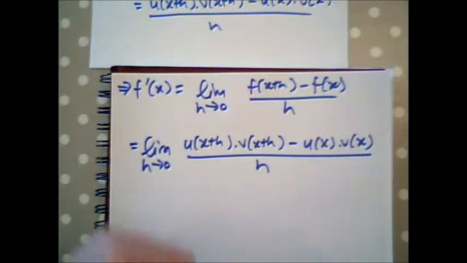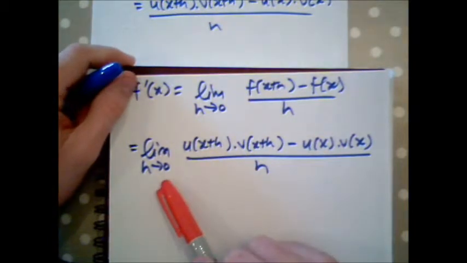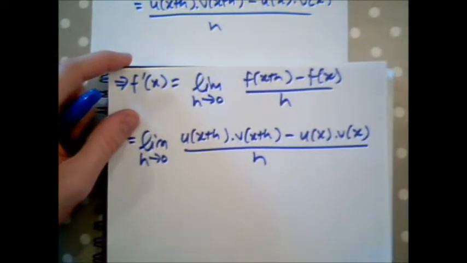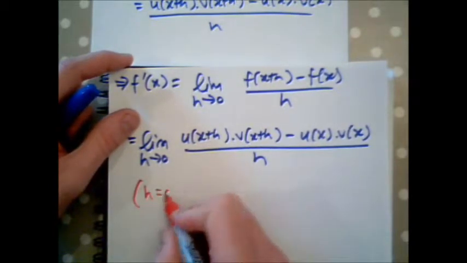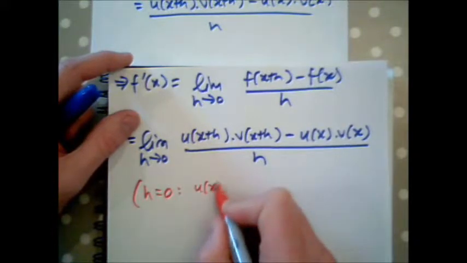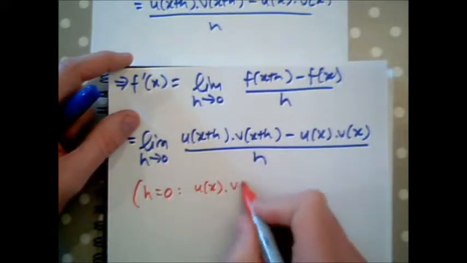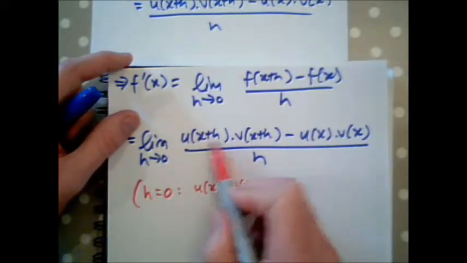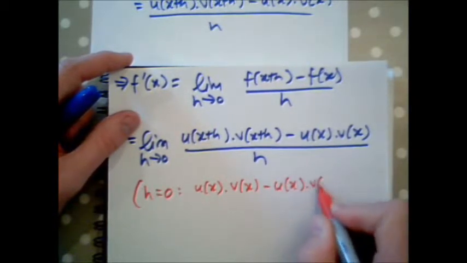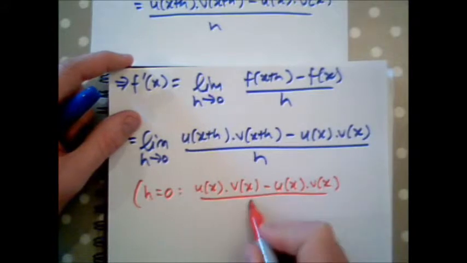The problem here is if we let h be 0, this thing becomes u of x, this thing becomes v of x, since x plus 0 is just x, and this is still minus u of x times v of x, over 0.